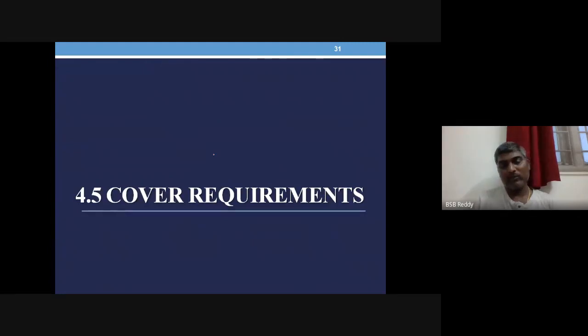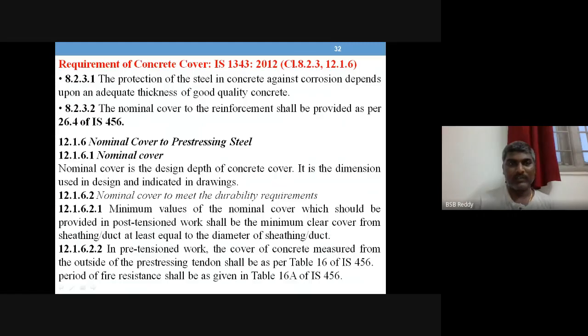Okay, so coming to cover requirements for steel protection. The related IS code clauses are 8.2.3, which talks about cover, and also 12.1.6 which talks about the covers. Okay, so protection of steel in concrete against corrosion depends on adequate thickness of not just concrete, but good quality concrete.